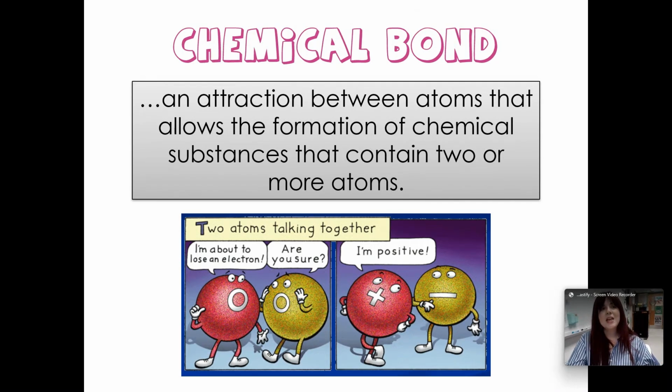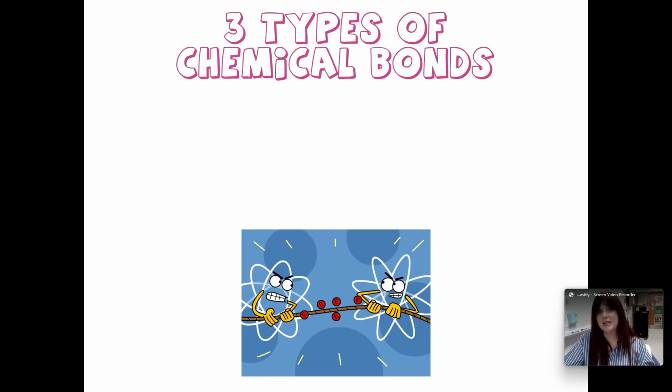So it's a way that 2 different atoms or 2 different elements will combine with one another to form something new, something more complex. We don't have a lot of pure substance elements around. A lot of things come in compounds, and they have to bond to one another in order to create those compounds.